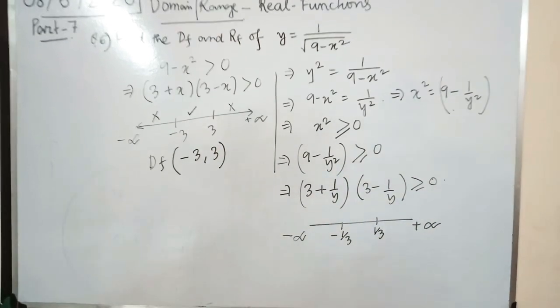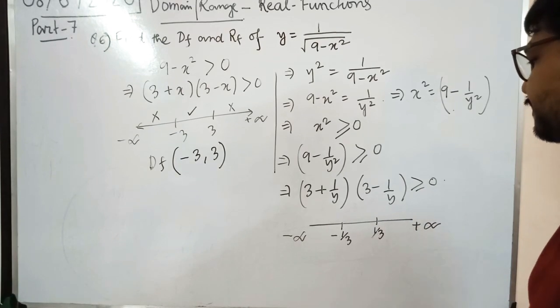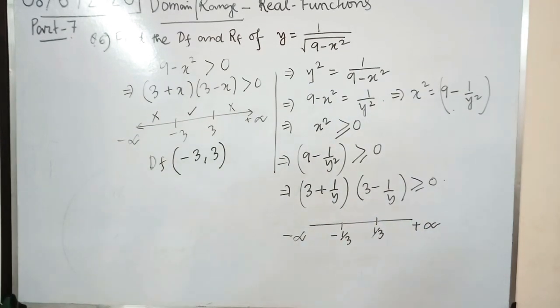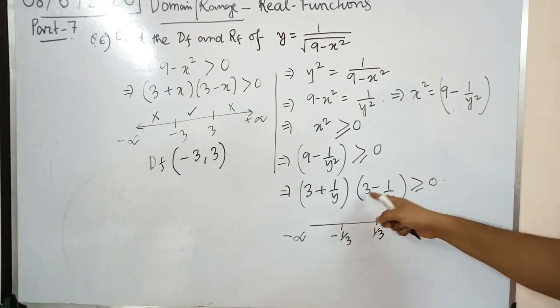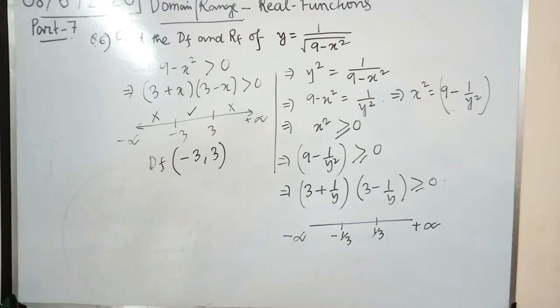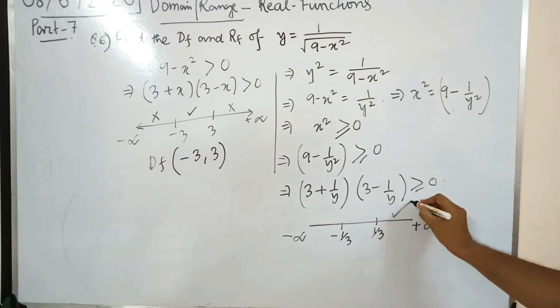So we will test by putting some values. If I put some value more than 1/3, say 5 or something like that, this will be positive, and 3 minus 1 by 5 is also a positive value. So the product will be positive, so this is happening.